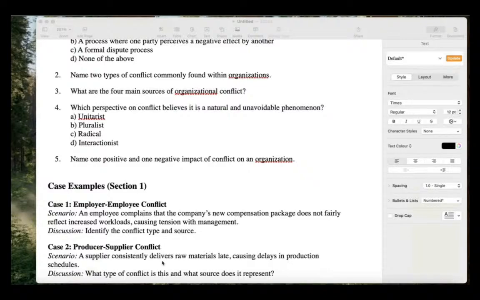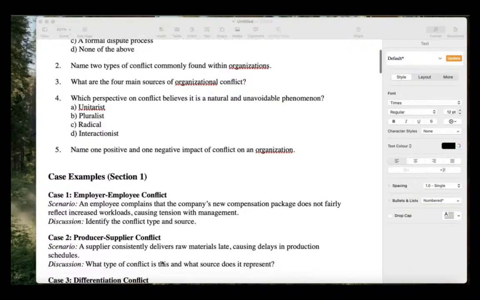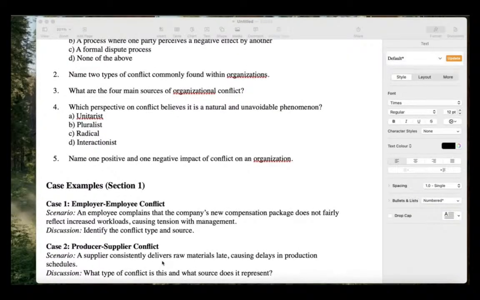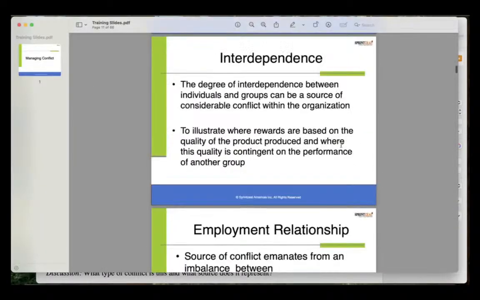Then we have to discuss what source it represents. So in this case, what type of source do you think it represents? The conflict type is clear that it is a producer and supplier conflict. Interdependency, I think.